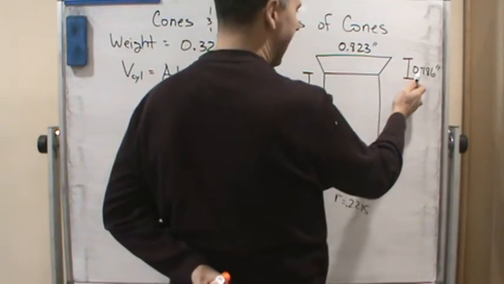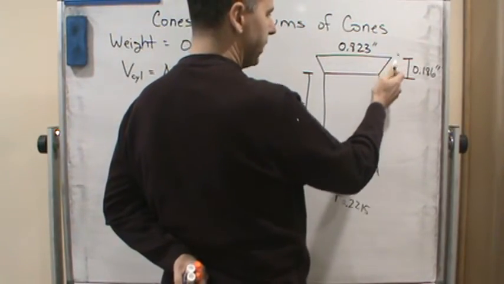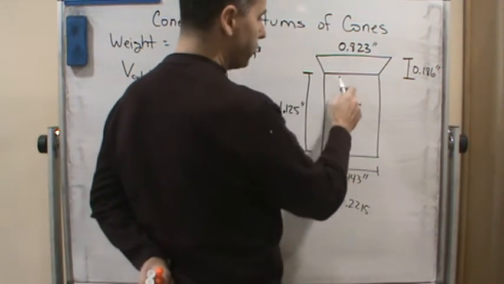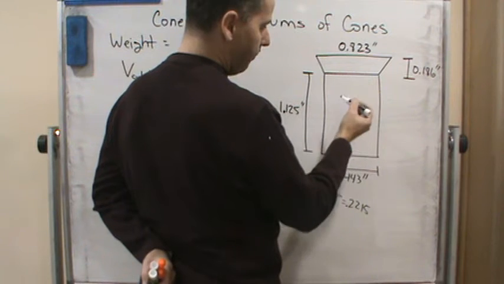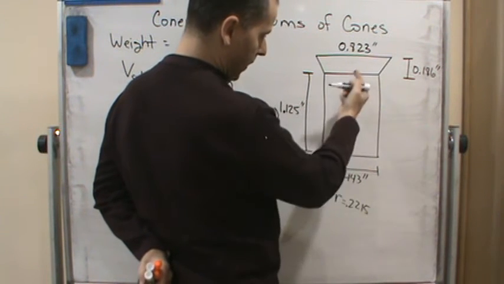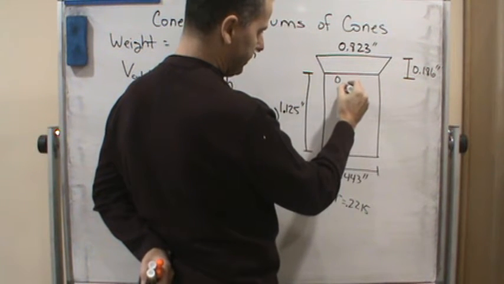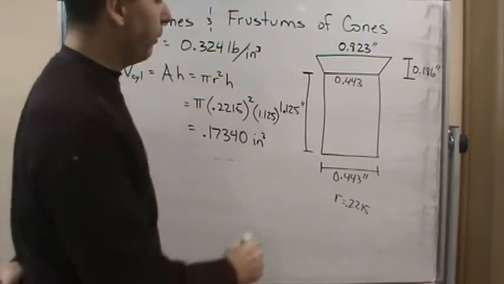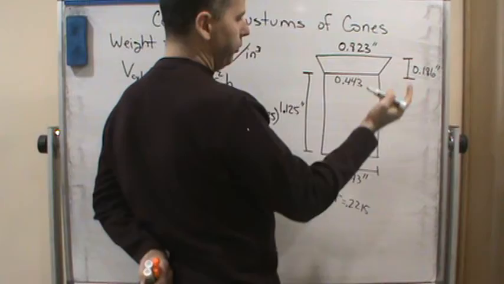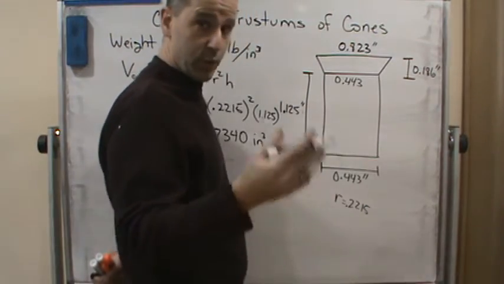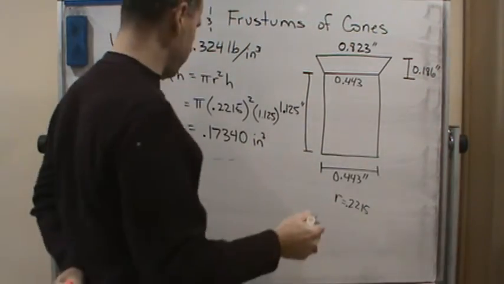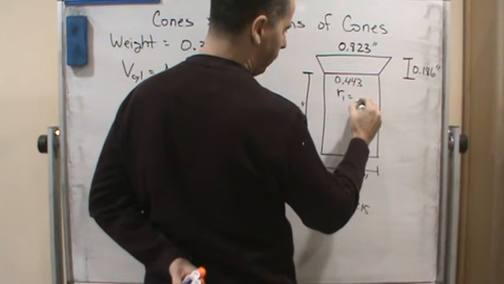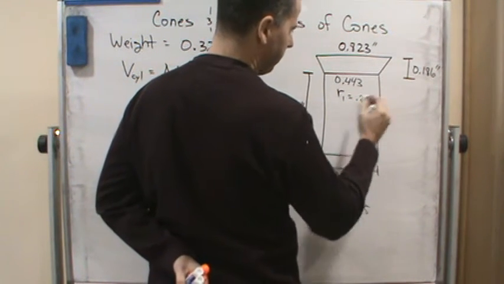Now the volume of the frustum part. We've got the height of the frustum, given here, and the diameter of the frustum. We've also got the diameter of the other base, which is part of the cylinder. So now we've got radius 1 and radius 2. It doesn't matter which one you make R1 and R2. Let's call this R1, that's 0.2215.